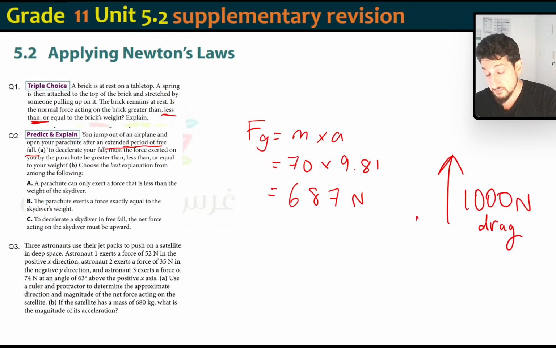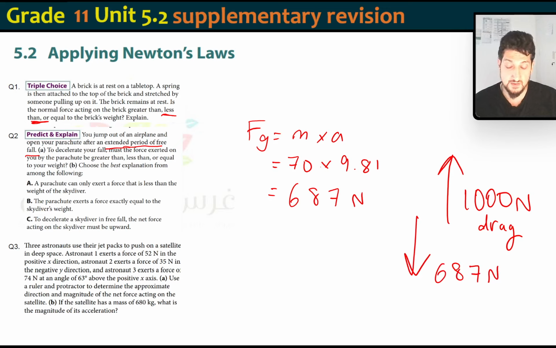Then we have a force downwards of 687 newtons and a force upwards of 1,000. That means the overall force acting on the parachutist, the person falling down, is going to be 313 newtons. And we know force equals mass times acceleration.